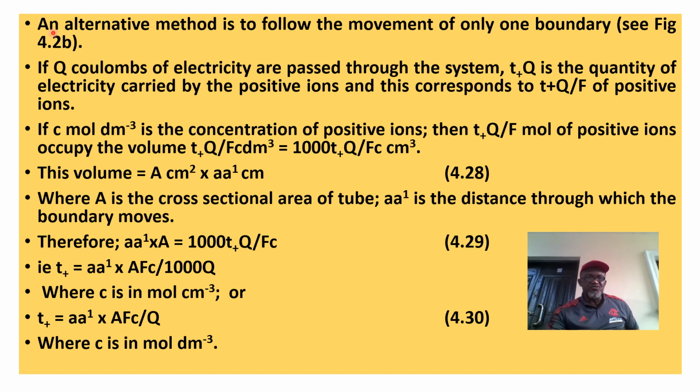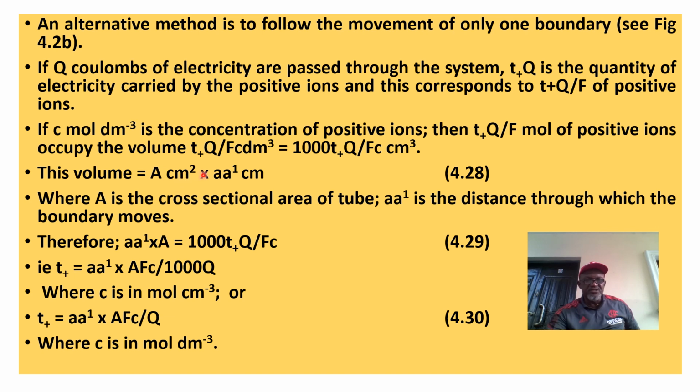Now alternatively, we can follow the quantity of electricity that is passed through the system, T plus Q or T minus Q. Now if C is the concentration for the positive ions, we'll have these ions occupy the volume, which is equal to this. Remember, this is dm, we have changed to cm, that's why you're seeing this 1000 here.